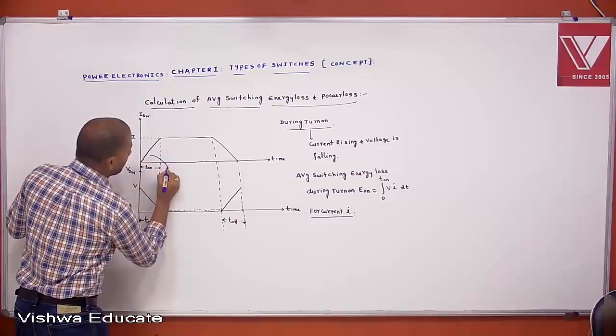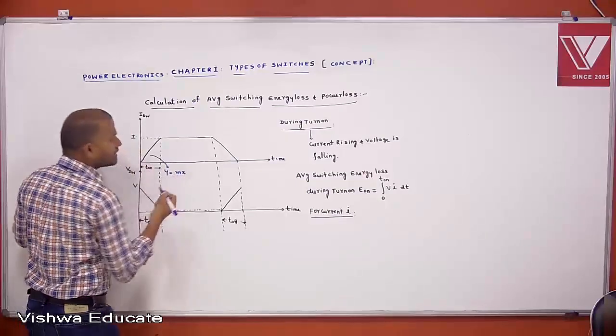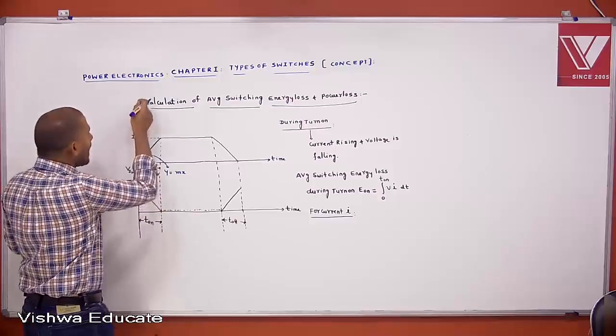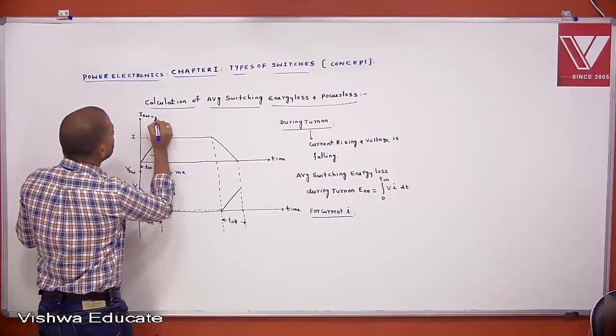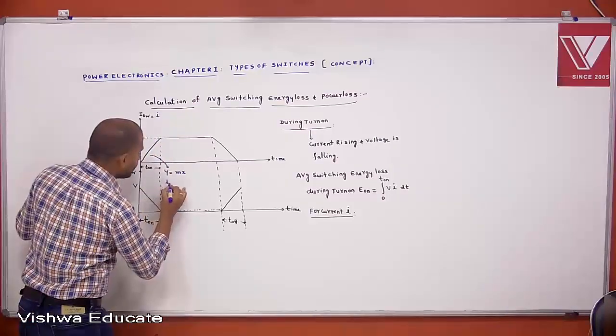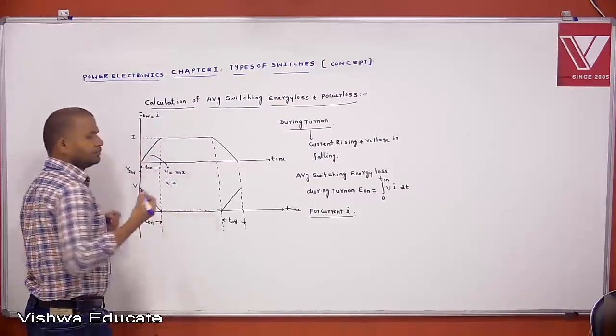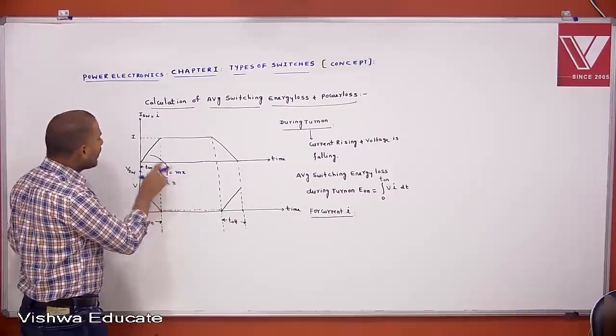You write the expression like this. It is just like y equal to mx. On the y axis, what you have taken? Current. Let ISW be, assume, I. So I equal to slope m, y by x.